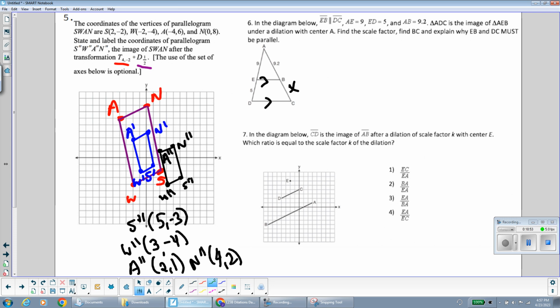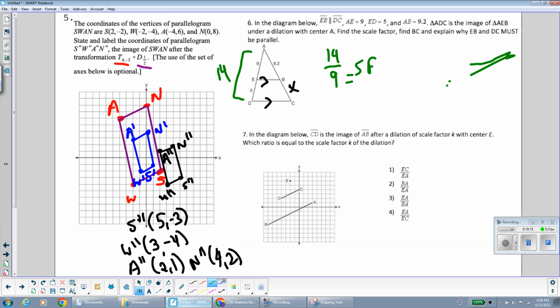Okay. Well, the scale factor would be side from big triangle over a corresponding side from small triangle. So this is 14 over 9. I don't think that works out nicely in my calculator. 14 over 9. Yeah, that does not work out nicely. I'm just leaving it as 14 over 9.